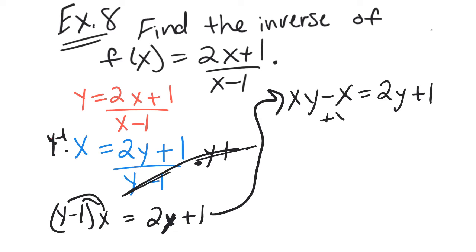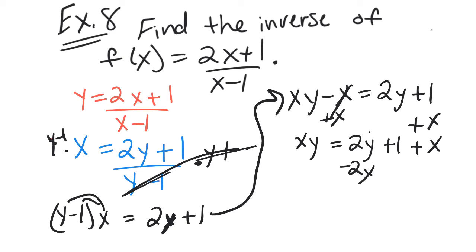Move this x over, so xy equals 2y plus 1 plus x. And move this 2y over. So we have xy minus 2y equals 1 plus x. Actually, let's rewrite that as x plus 1. Same thing.